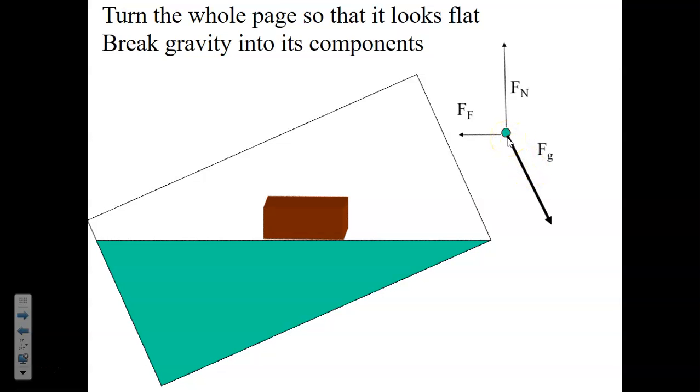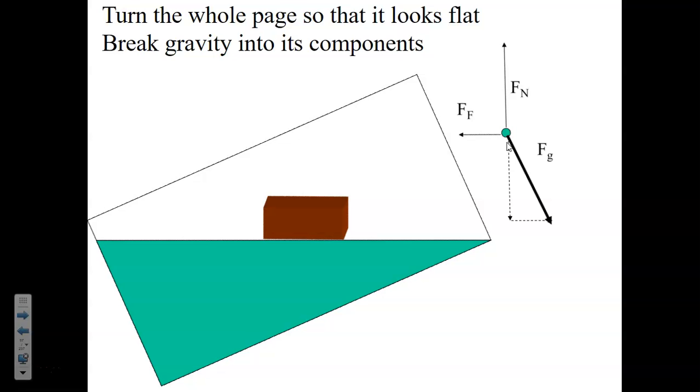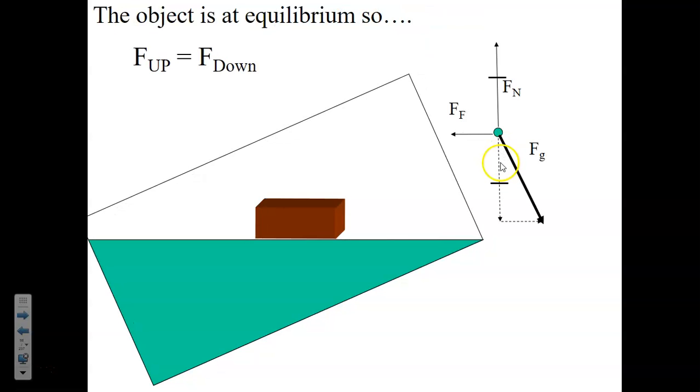Now if I want to show that everything cancels out, I've only got one diagonal. I show that the ups and the downs cancel, so this vertical component, quote unquote, of gravity cancels out with the normal force, and this horizontal component of gravity cancels out with the force of friction.